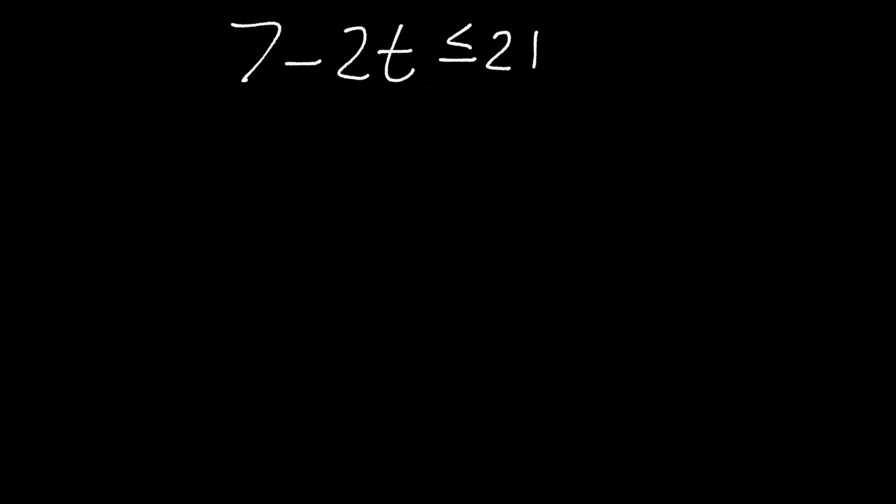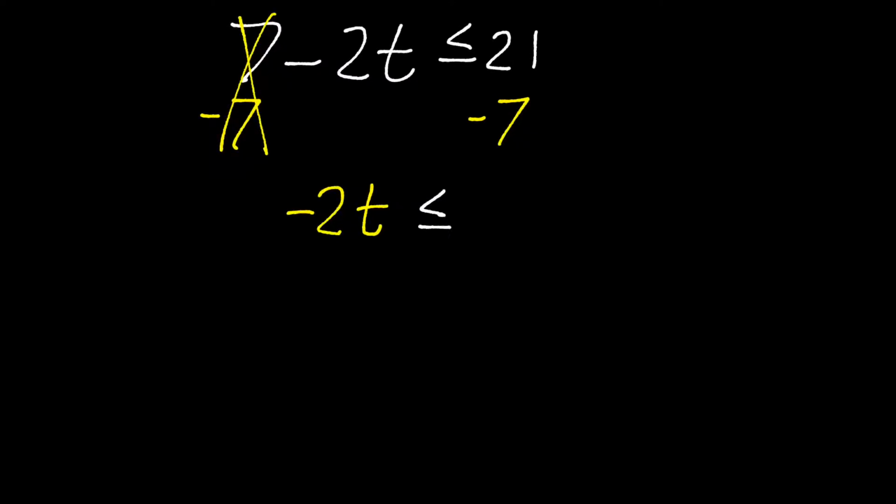I have a 7 here, which is positive, so I need to use the inverse operation of subtraction on both sides to get rid of the 7. 7 minus 7 is 0, which means we are left with a negative 2t, because if I have 0 minus 2t, that's going to give us negative 2t is less than or equal to 21 minus 7, which is 14. First step complete. Our t is still not alone.